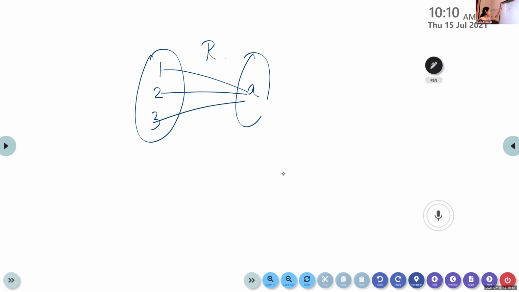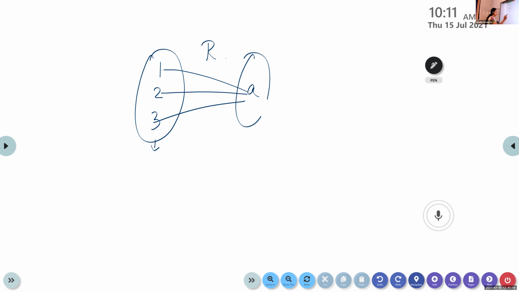A. If you take an element in the domain, it is having an image. We don't need to bother about the codomain. Every element in the domain should have an image. You take an element in the domain. Is it having an image there? Do we have an image? Yes, ma'am.